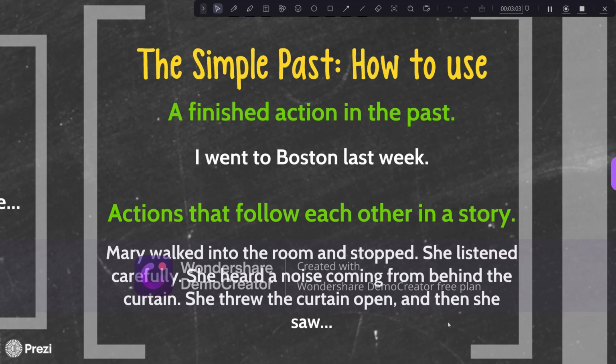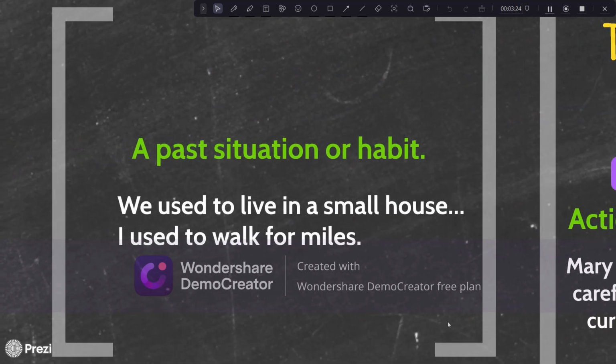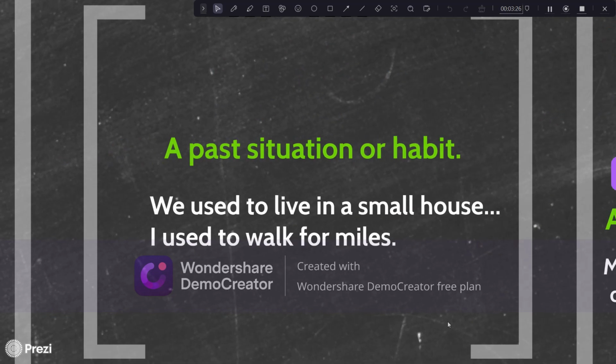Mary walked in the room and stopped. She listened carefully. She heard a noise coming from behind the curtain. She threw the curtain open and then she saw. When you are narrating a story in the past, usually the narrator uses past simple.